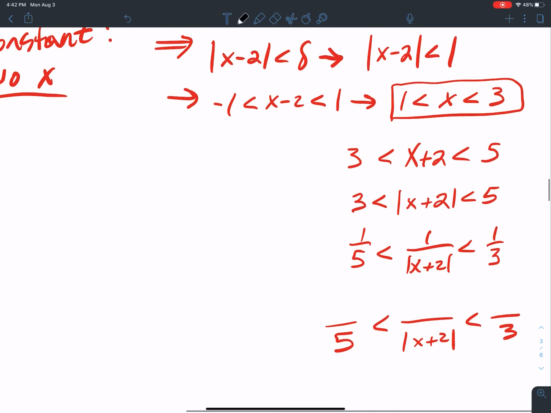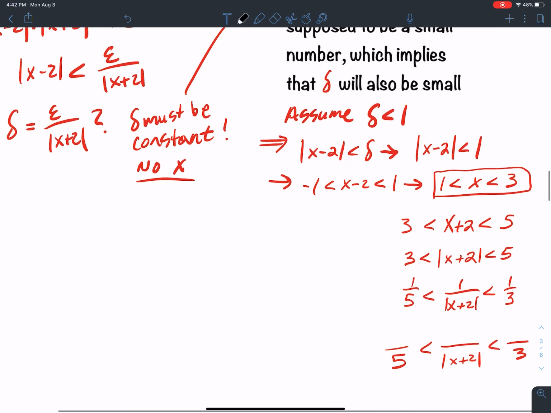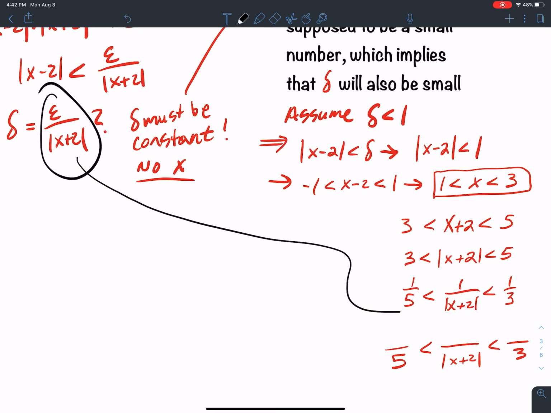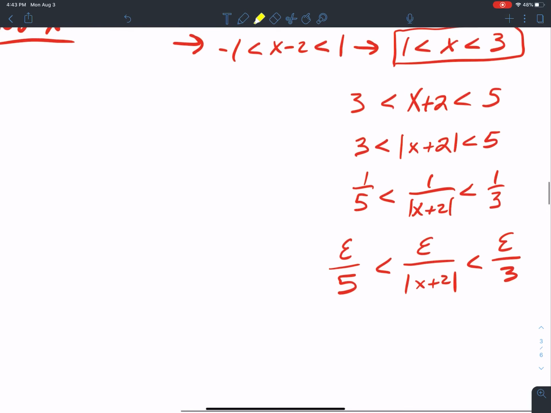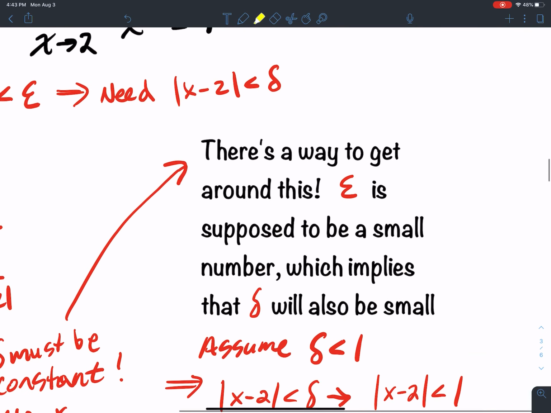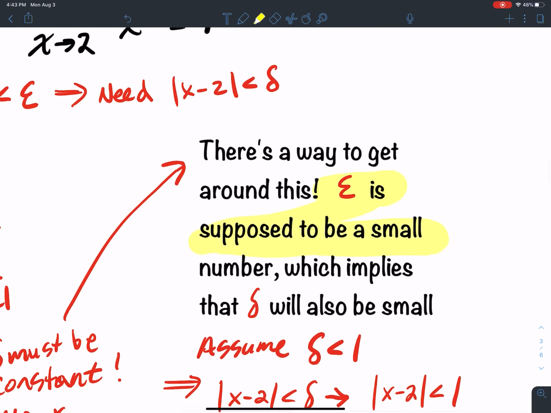Now, what do I want? This almost looks like what I wanted here, right? I'm algebraically manipulating it. What am I missing? It looks like the only thing that I'm missing is an epsilon. So what am I going to do? I'm going to multiply everything through by epsilon. And I can do this and the inequalities stay the same because epsilon is arbitrarily small and positive.